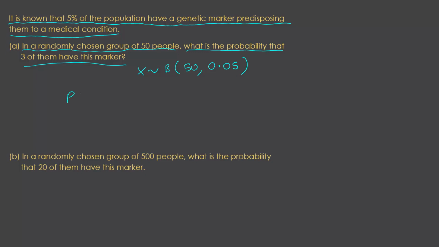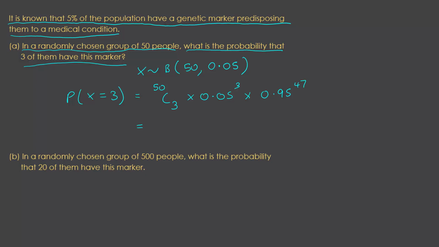And then we're looking for the probability of X being 3, which is going to be 50 choose 3. Now 3 successes, so that will be 0.05 to the 3. And if that's the case, we must have 47 failures. So 0.95 to the power 47.